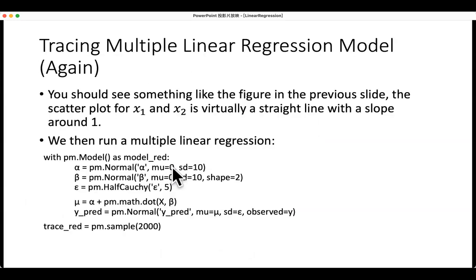If you use this to create a multiple linear regression model and generate 2,000 samples, this piece of code is pretty much identical to what we had previously, so I don't think we need to explain it.